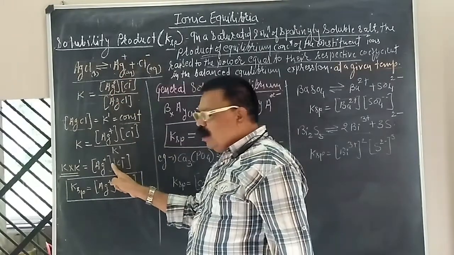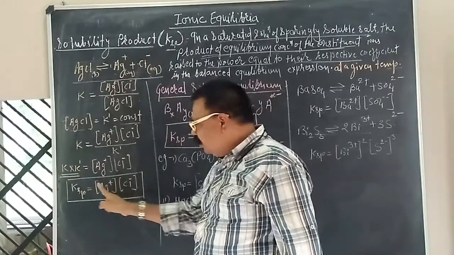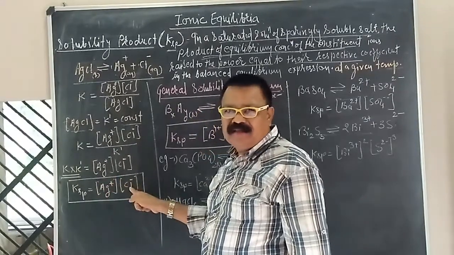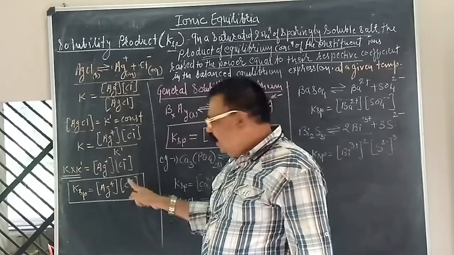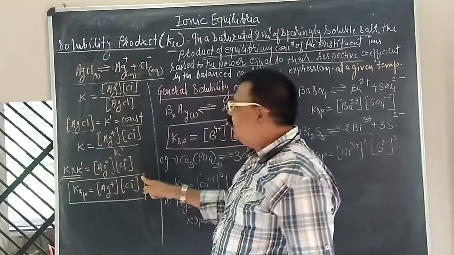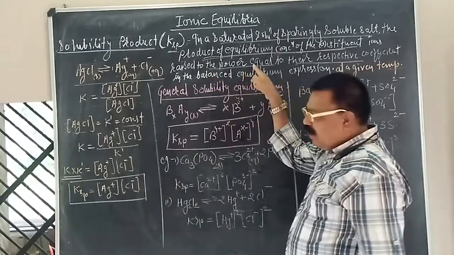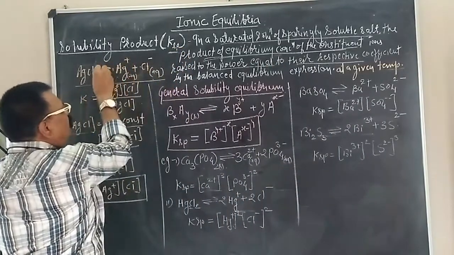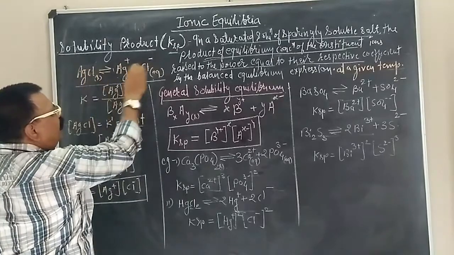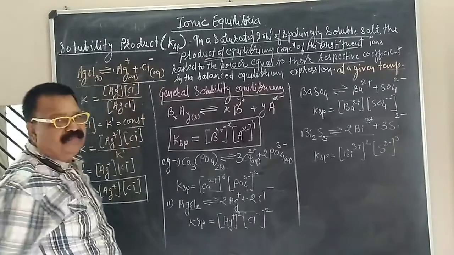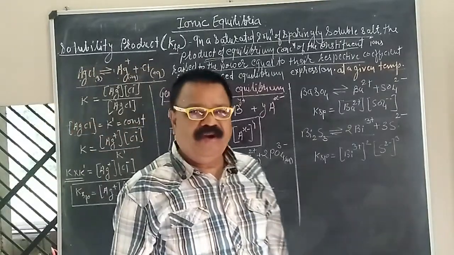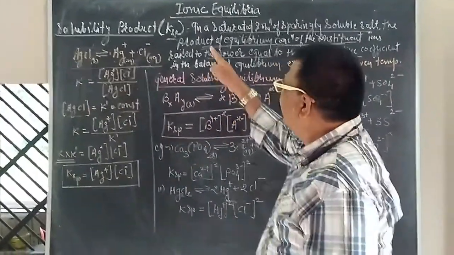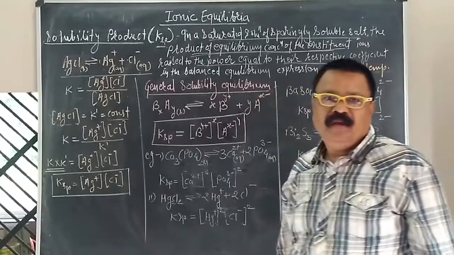Then the product of the concentration of constituent ions raised to the power equal to their respective coefficients in the balanced equilibrium expression, at a given temperature. So this is a very simple concept of solubility product.